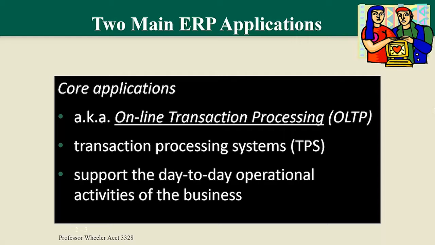Such transactions as purchase orders, purchase requisitions, sales orders, payroll, invoicing are examples of transactions. So in summary, the OLTP supports our day-to-day operations so that the business runs smoothly and efficiently.